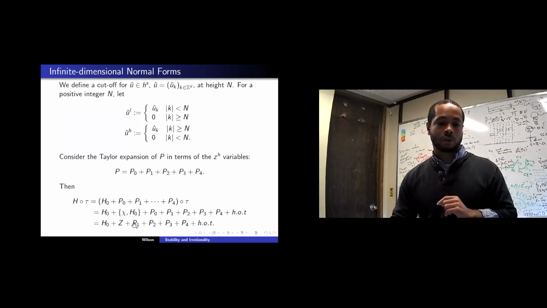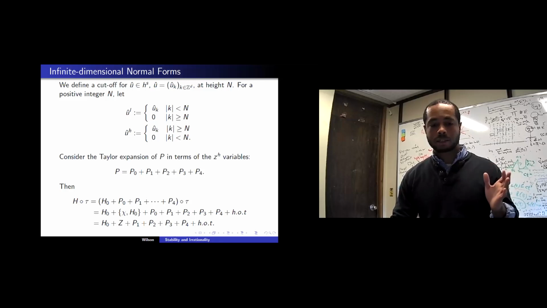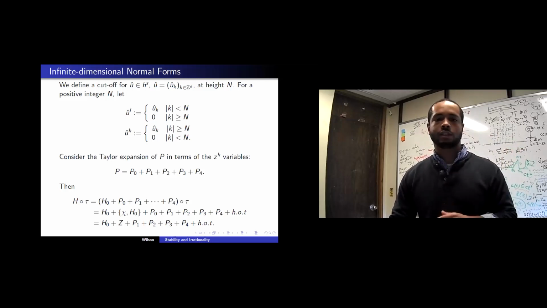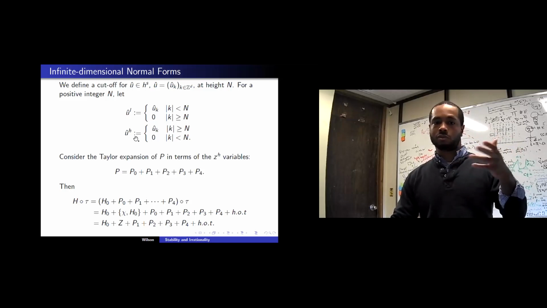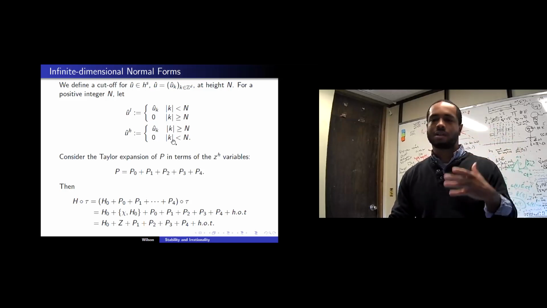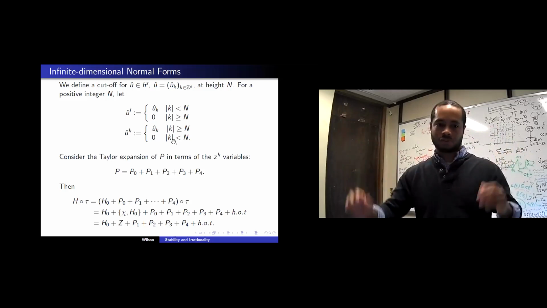You still have lower order terms, terms of order 3 that you have not normalized, but all of these non-normalized terms have a factor of z to the h, or u hat to the h, let's say, which is assumed to be small, because it's the tail of the sequence.